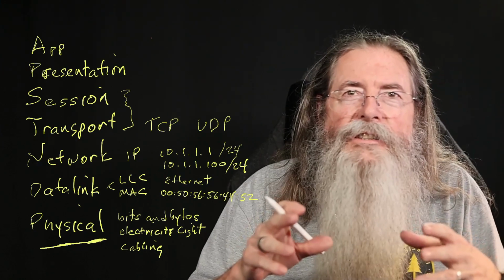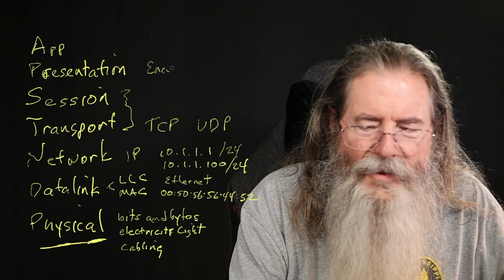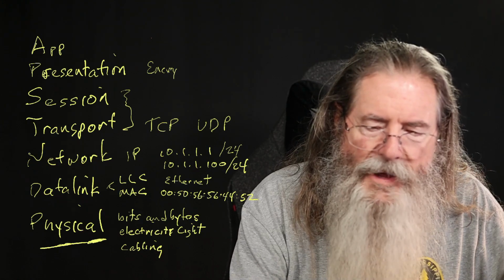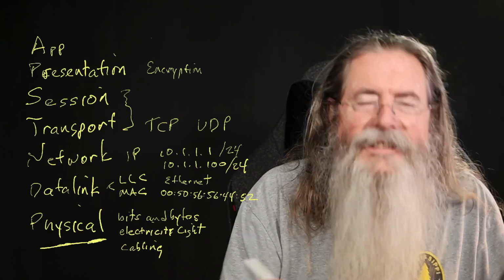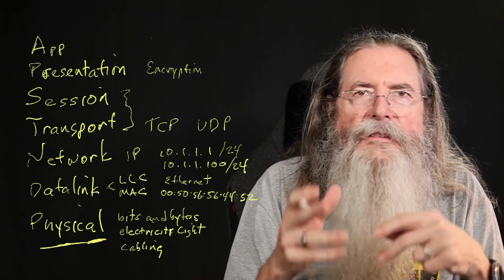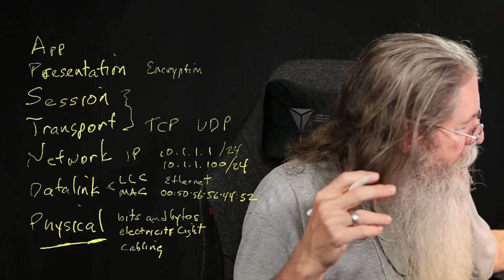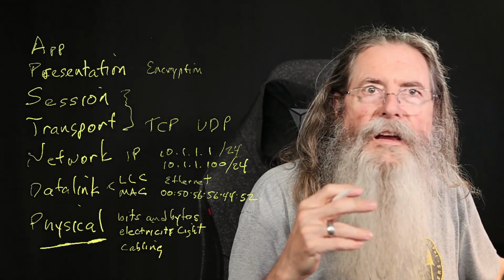Now, presentation is where we sneak things in. Well, we decide, see if I can spell encryption. We decide and agree upon in the negotiation of this transmission an encryption protocol, let's say.